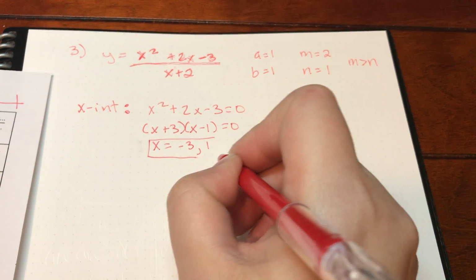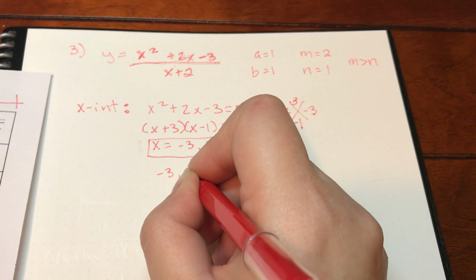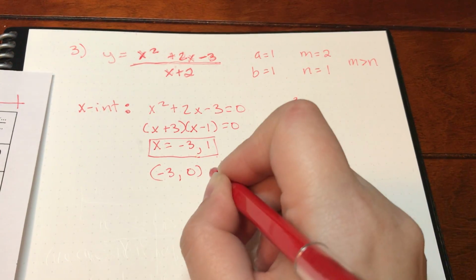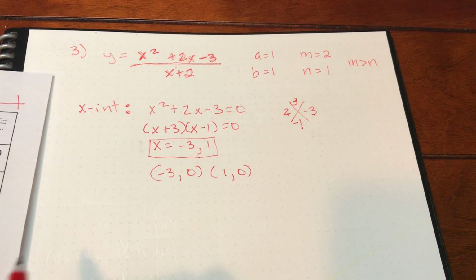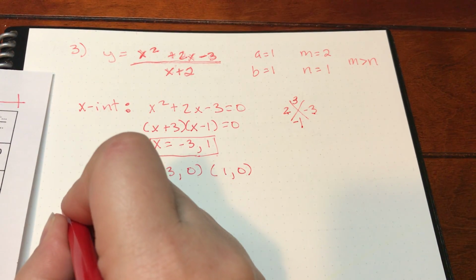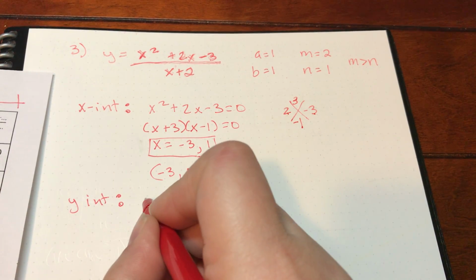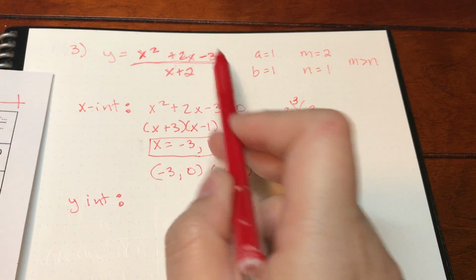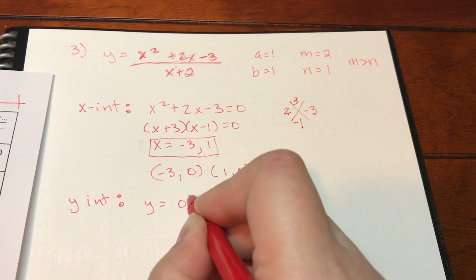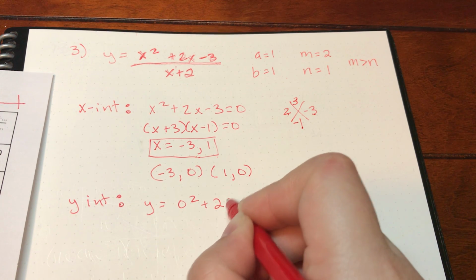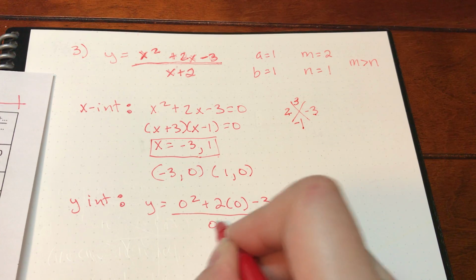Those are my x-intercepts, or I could write that -3, 0, and 1, 0. Those are my 2 points. All right, then I need my y-intercepts. So here I'm going to have y equals 0 squared plus 2 times 0 minus 3 divided by 0 plus 2.